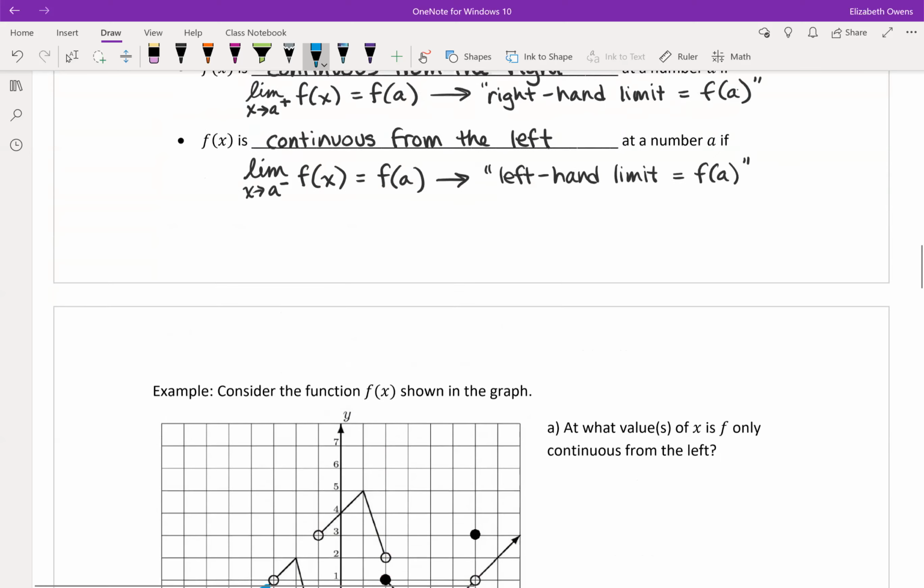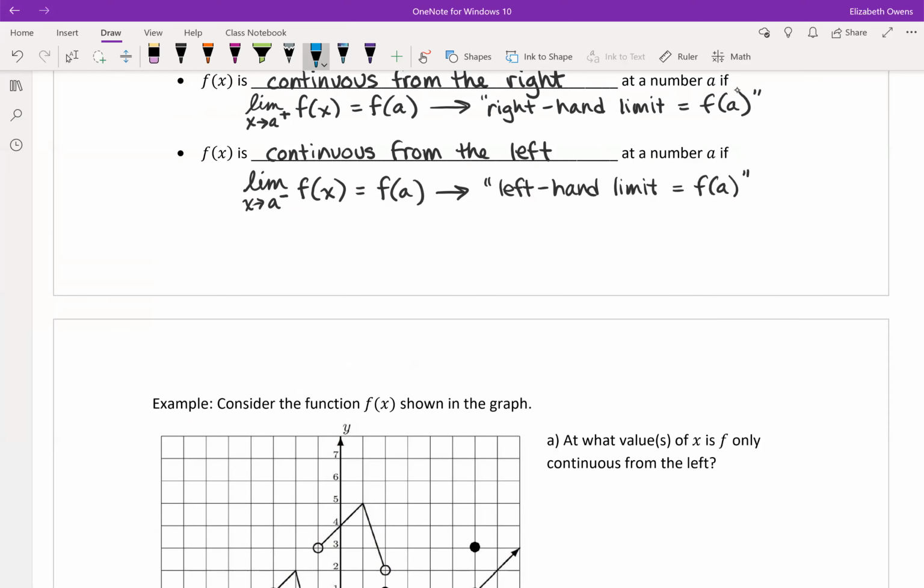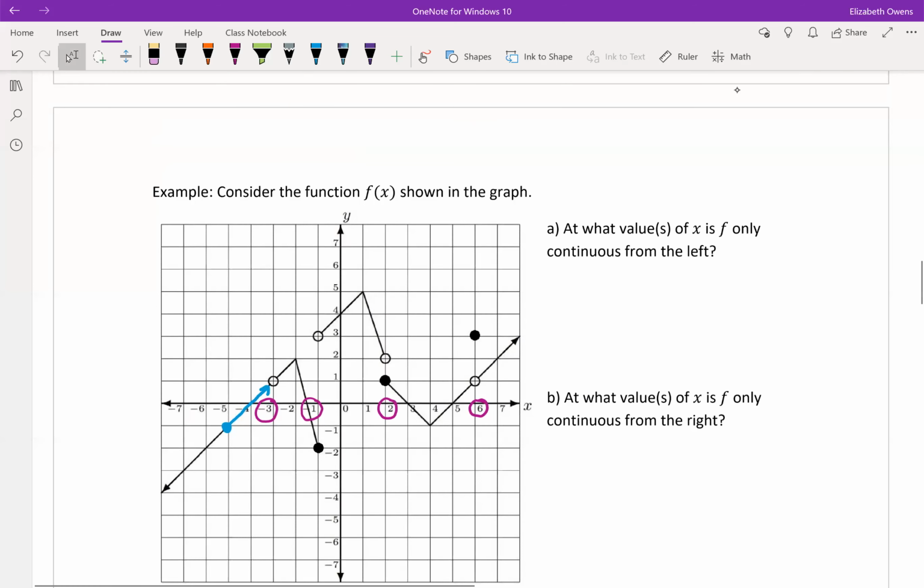Remember, our definition for continuous from the left is that our left-hand limit equals f of a. And here there is no f of a to look at. F of -3 just does not exist. So we can't have continuity from the left there.